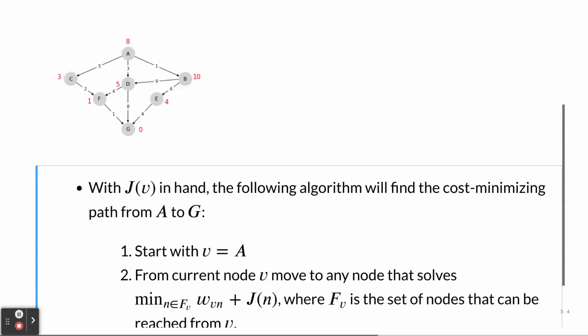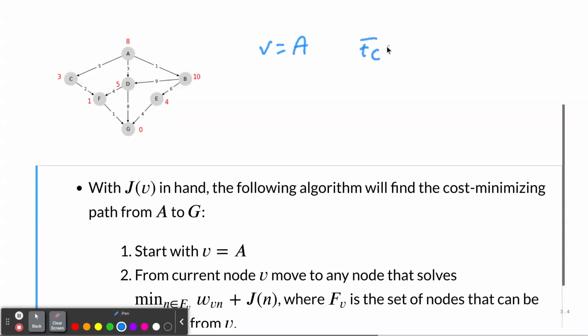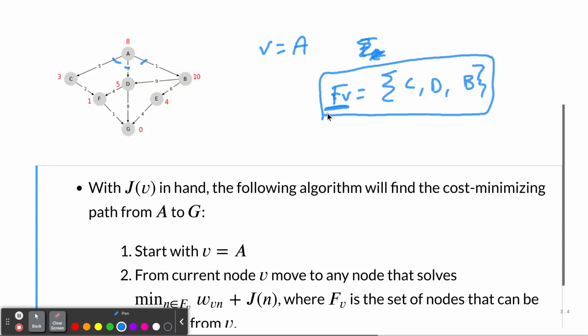For example, if we are at v equal to A, then F sub v is equal to the set {C, D, B}, because these are the three nodes that have an edge we can traverse from A. This idea of what is reachable from a node is called a neighborhood, and we give it the notation F sub v. So it would be F sub A.